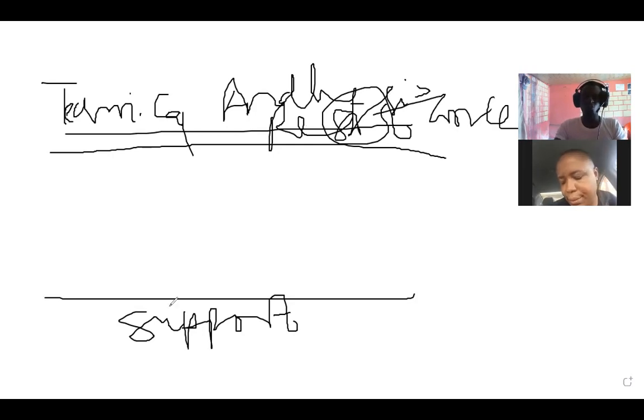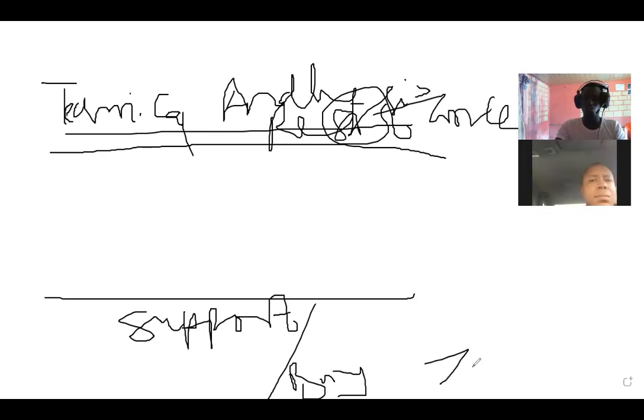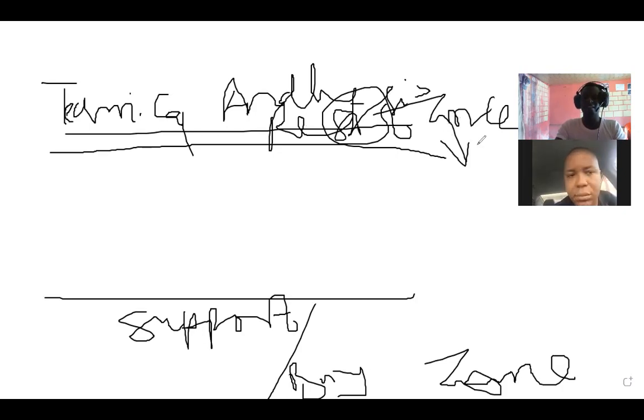The support zone is also referred to as the buy zone, whereas the resistance zone is also referred to as the sell zone.